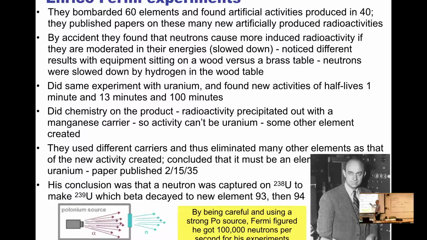They marched up the periodic table, putting different foils in the flux of neutrons. They got a stronger source, and we're up to maybe 1 million neutrons per second hitting different foils. When they got to uranium, heaviest element in nature, Z=92, they found 3 new activities, with different half-lives.